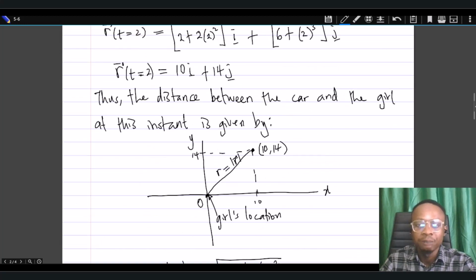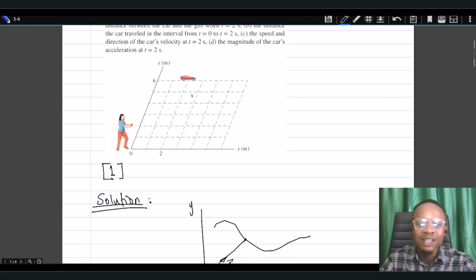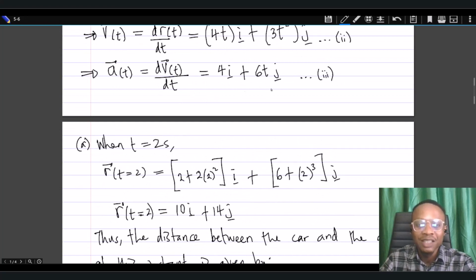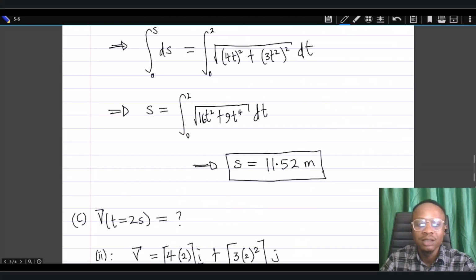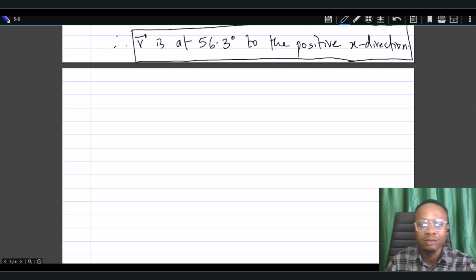So that's what is required of us in this problem. Let's now consider the last part. It says we should obtain the magnitude of the car's acceleration at t equals 2 seconds. That should be quite straightforward, because we know the expression for the car's acceleration from equation 3. So for part D, we need the acceleration at t equals 2 seconds.